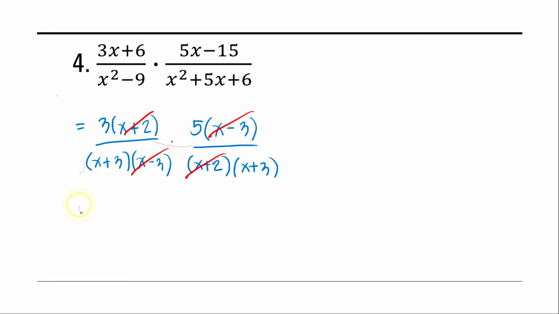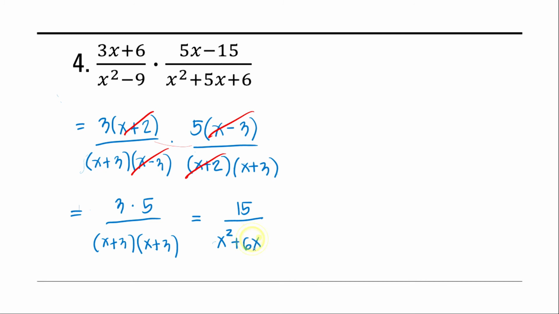So, ang natira sa atin is 3 times 5 over x plus 3 times x plus 3. 3 times 5, that is 15 over x plus 3 times x plus 3 will give us x squared plus 6x plus 9. Or you just do the FOIL method for the multiplication of the binomial. So, this is our answer for number 4.